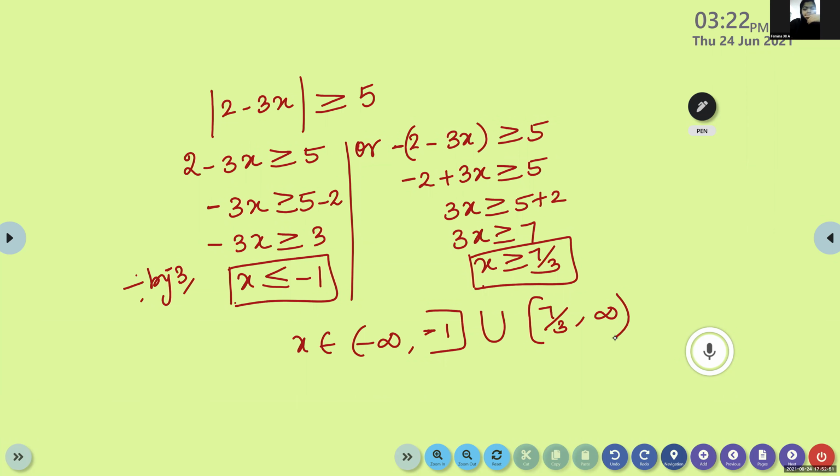Ma'am, what is the difference between this problem and the previous problem we did? In the previous problem, we had less than or equal to. So the interval will be bounded between only these two values. We'll be getting an in-between region. But here it is greater than or equal to.